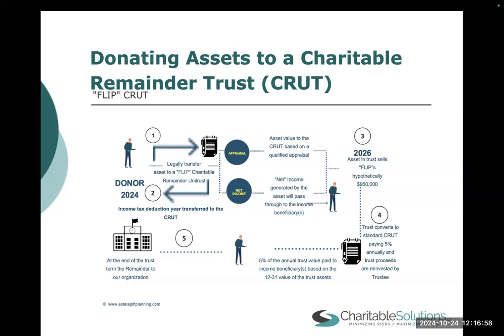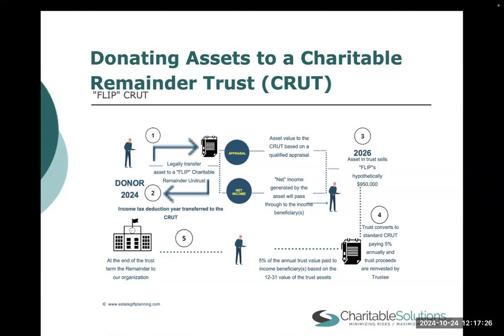But after the land is sold, let's say that we sell it in June of 2025, and it's invested in a portfolio of stocks and bonds. The dividends and interest income from those investments are net income. So that would be able to be paid to your income beneficiary, to your donor, until we reach January 1 of 2026. And then we flip, as you can see, down to number 4.